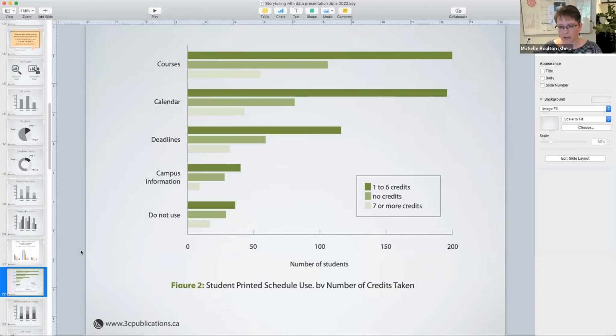The data about the credits is still there, but it's not the primary thing that people notice about the chart. So again, that discovery stage, that exploring stage, is really important. And then it's not just thinking about whether this communicates something, but whether it is communicating what I want it to tell, because that's what's going to influence the story you're telling.